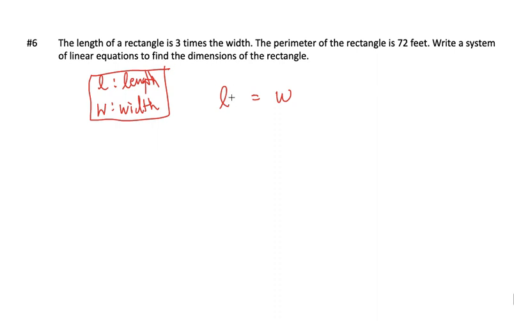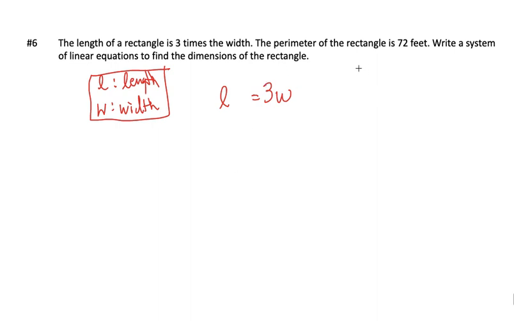Shake the length hand, they're equal. Hands out in front, they're equal. So we'll read the sentence: the length of the rectangle is 3 times the width. The left hand goes up because the length side goes up. So now they're not equal.